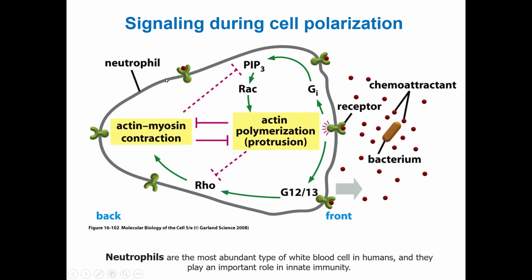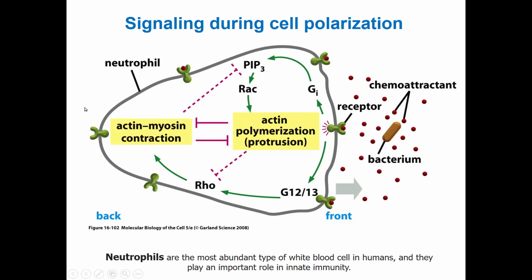Here you can see cell morphology, how it is changed. Neutrophil front, as I told you, is asymmetric. This part perceives the signal, not the other side. This is why actin polymerization takes place here, and protrusion, that is, this expands.